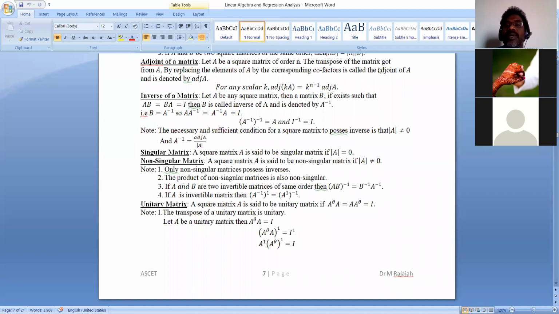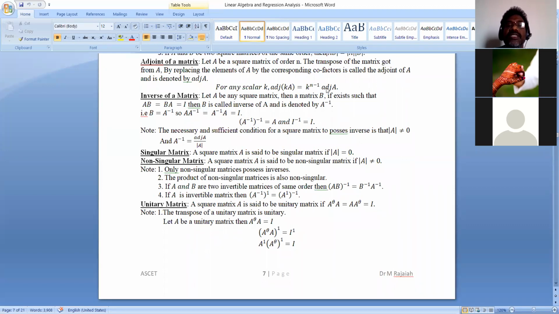The transpose of the matrix got from A by replacing the elements of A by the corresponding cofactors is called the adjoint of a matrix. For any scalar k, adjoint of kA is equal to k power n minus 1 into adjoint of A.